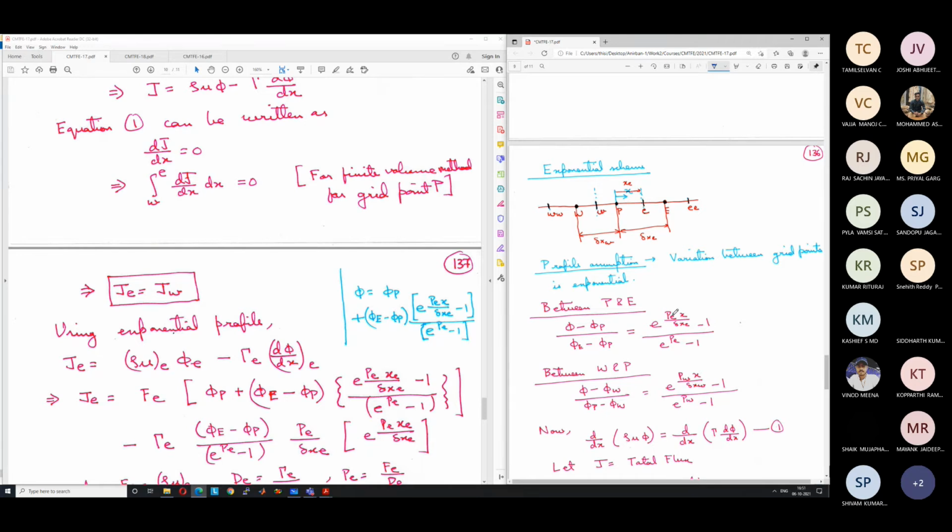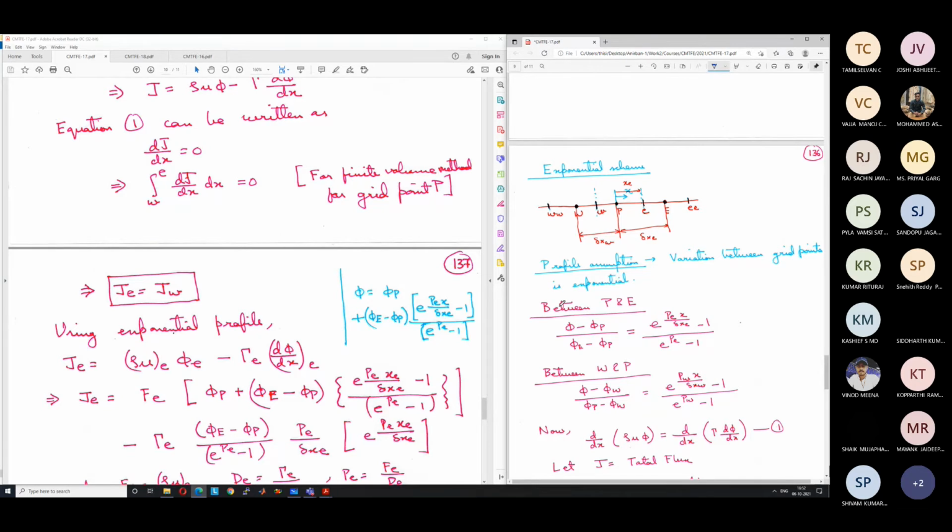So e to the power P xe by delta xe minus 1 by e to the power P minus 1 should be equal to phi at east interface minus phi P by phi capital E minus phi capital P. Okay. So basically, we are trying to find the value of phi at this east interface. So phi at east, and this will be given by phi at east interface minus phi P by phi capital E minus phi P is equal to e to the power P xe by delta xe minus 1 by e to the power P minus 1. Is this clear to everyone? Just we are replacing the value at x equal to the east interface.